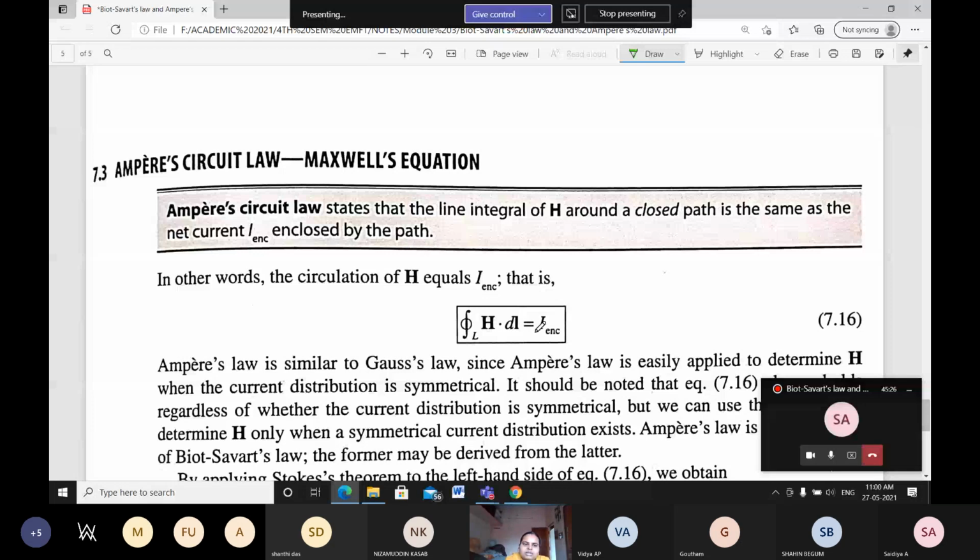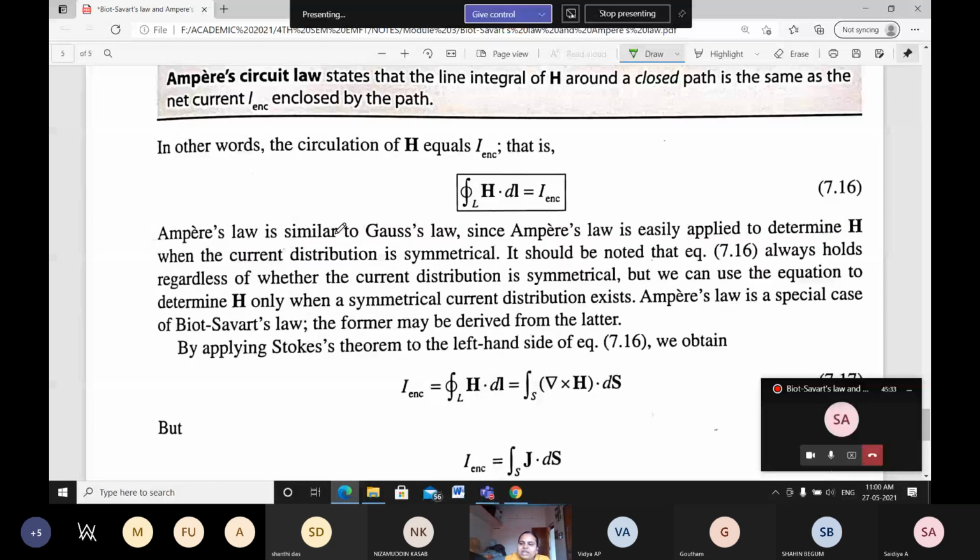Ampere's law is similar to Gauss' law, since Ampere's law is easily applied to determine the magnetic field intensity when the current distribution is symmetrical. The equation holds regardless of whether the current distribution is symmetrical, but we can use it to determine H only when a symmetrical current distribution exists.